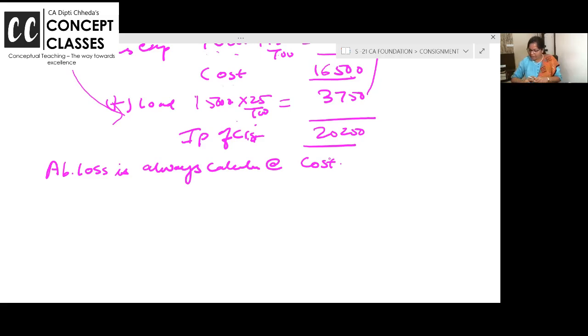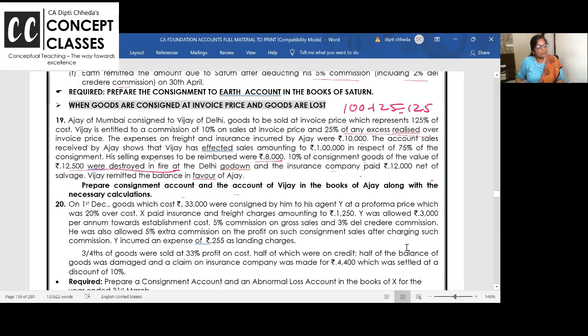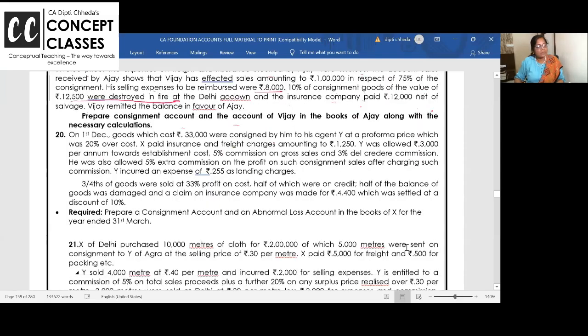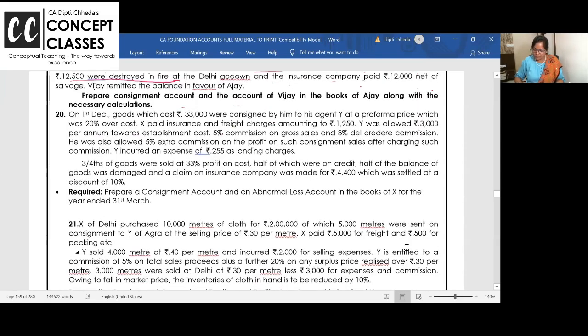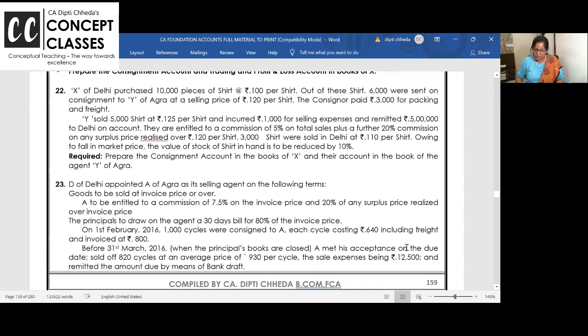If you have not done yesterday's homework, do it. These are all with the trading accounts, so I want to do it in the next class. In fact, it's very easy with the trading account, but we will do it next time.